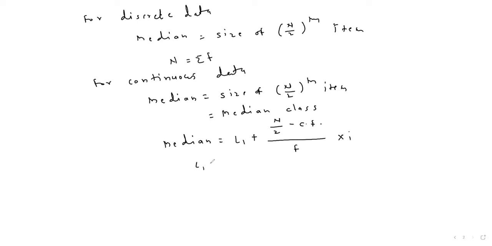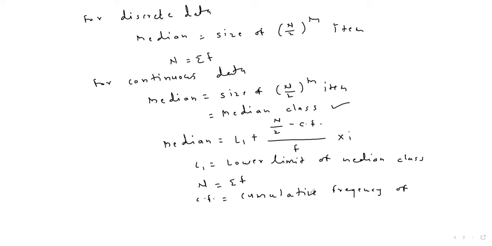Here, L1 is nothing but the lower limit of the median class. So median class is nothing but the class which we find over here. Capital N is again the sum of frequency, and over here also the data is arranged in ascending or descending order of magnitude.